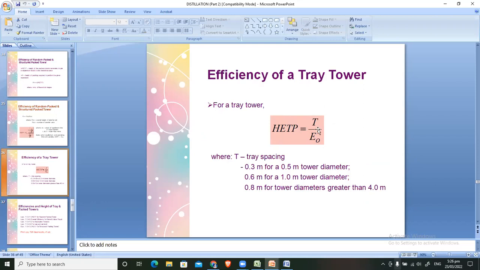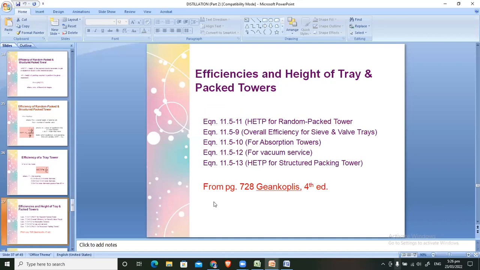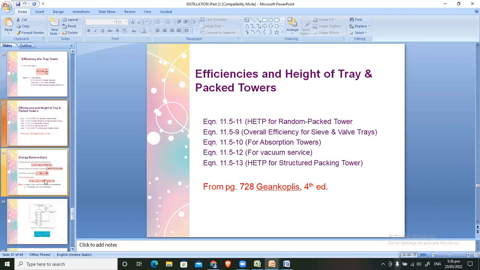If you have the HETP already for your tray tower, then you can determine the Z if you multiply it by the theoretical number of stages. This is the summary of where you can find the equations in Coulson and Richardson, the Philippine edition. The 4th edition, I think, and the Philippine edition is just the same.